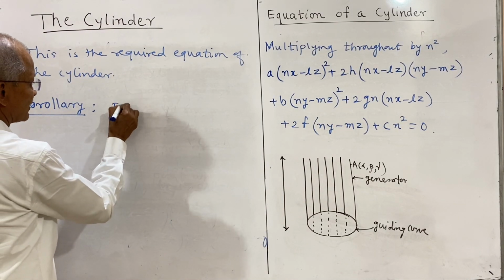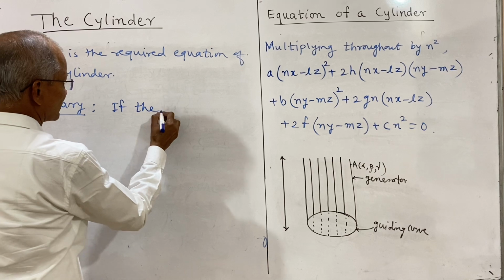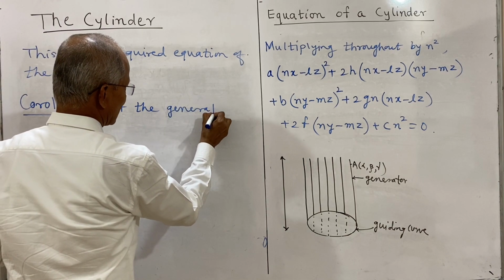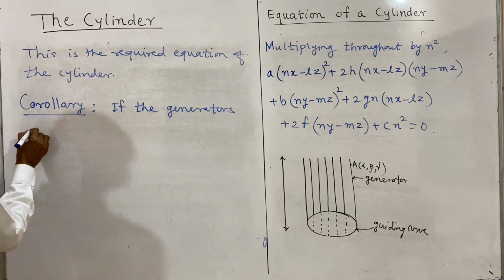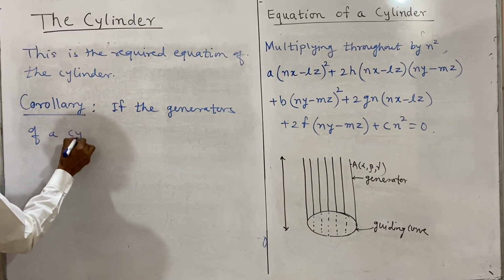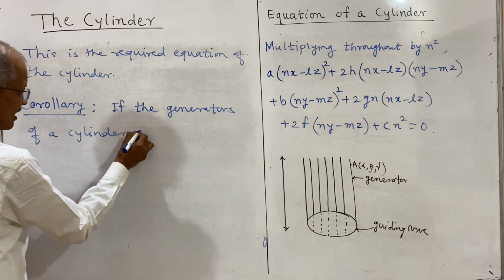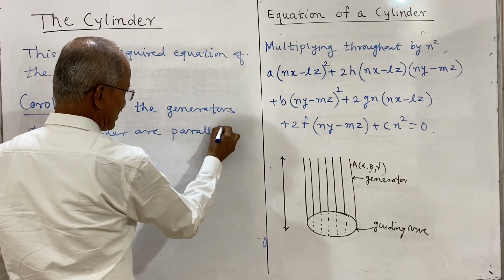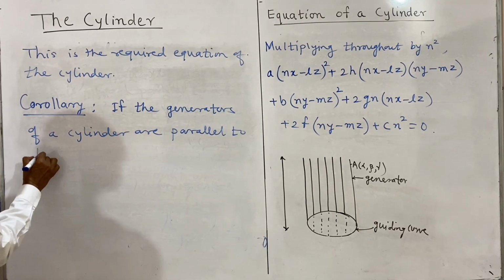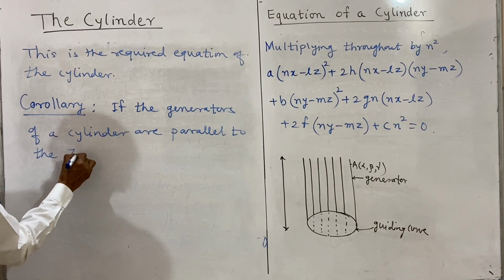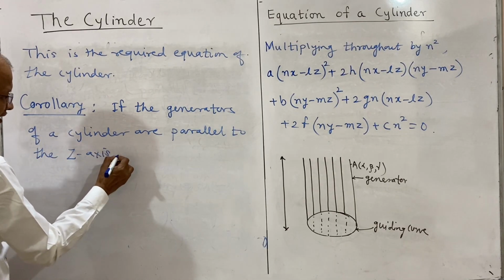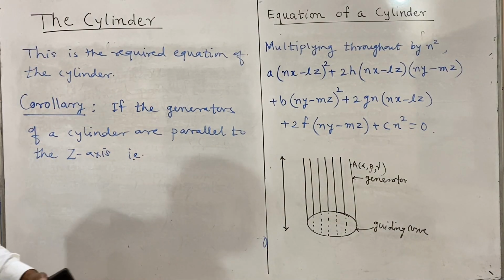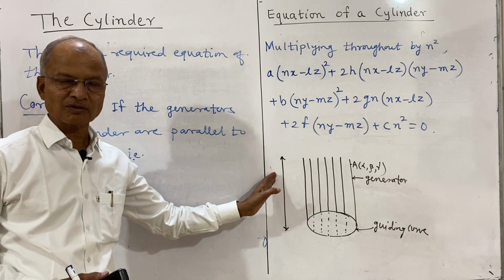If the generators of a cylinder are parallel to the z axis, that is, in this case, what are the direction ratios or direction cosines of the z axis?